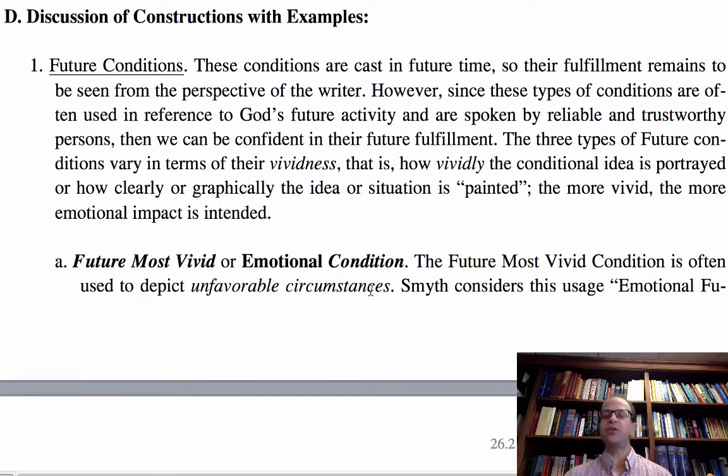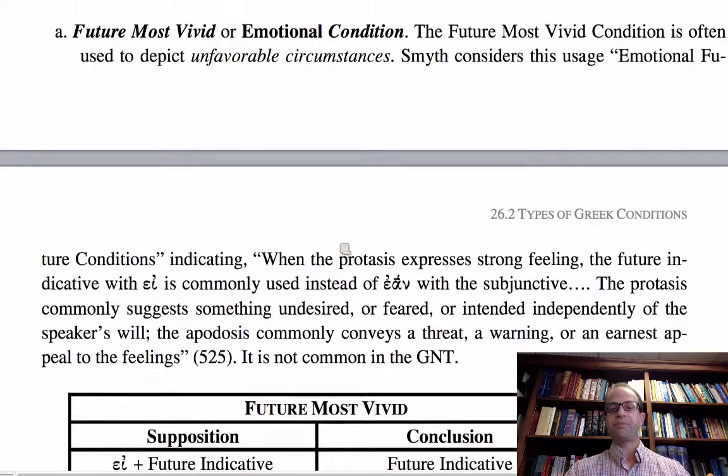These are cast into the future time frame. Basically you have three different vividnesses, if that's a word, three different ways to form these constructions, and the difference has to do with how vivid the scenario is being described. So the future most vivid is also called an emotional condition.